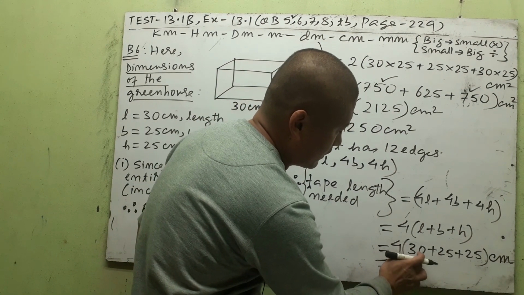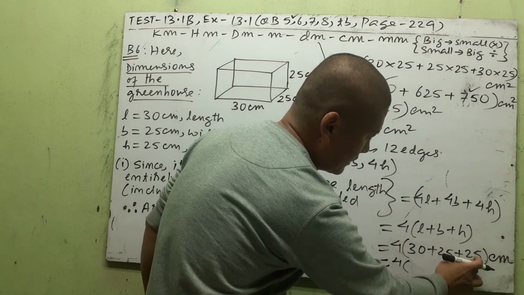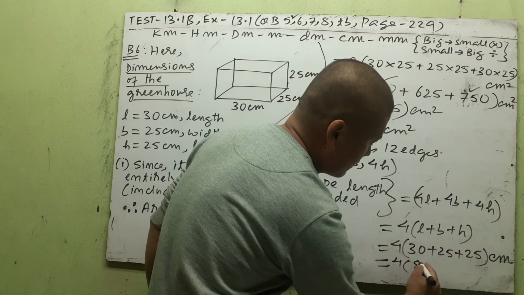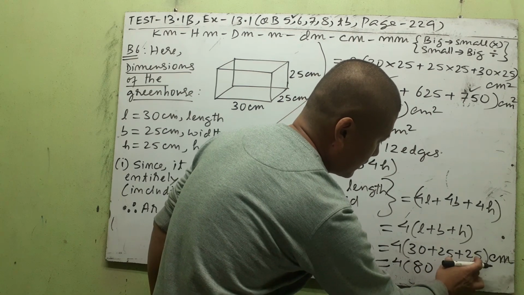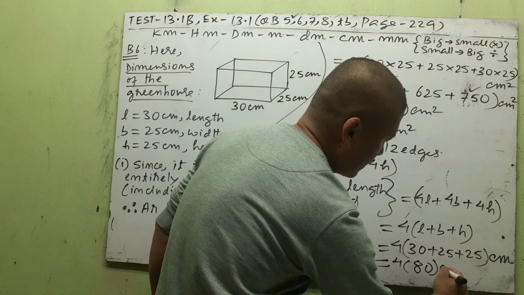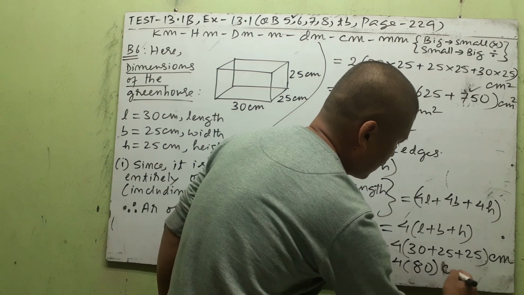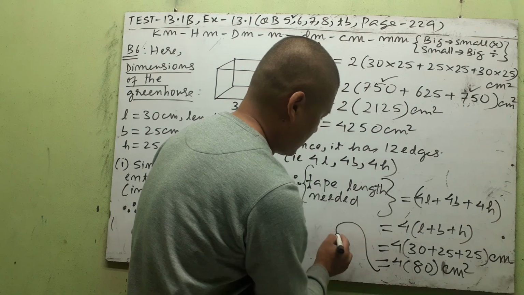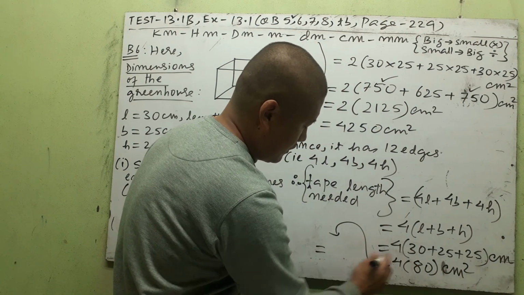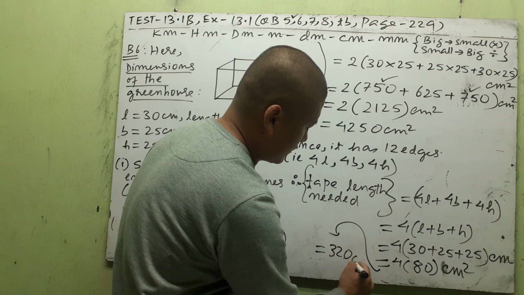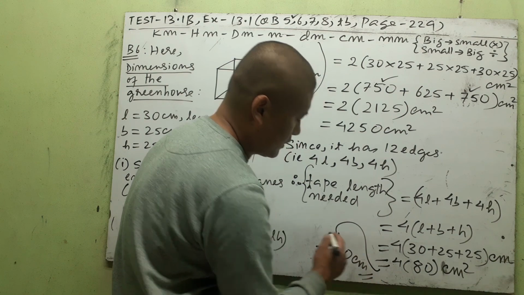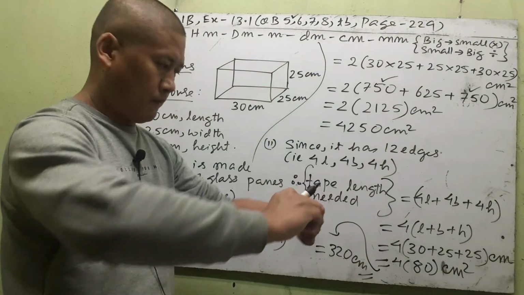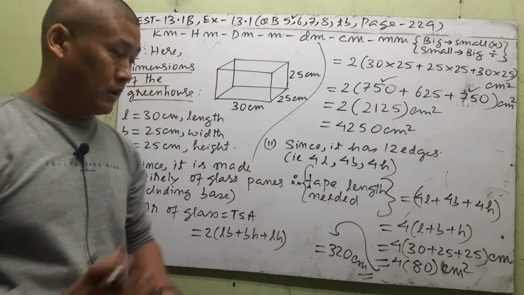Simple to add, I think 25 plus 25, 50, that's easier, plus 30, 80. That way we don't need to go to rough and calculate. So this will be equal to 4 8s are 32, 320 centimeter long of solid tape is going to be needed to entirely connect the edges to make the herbarium.